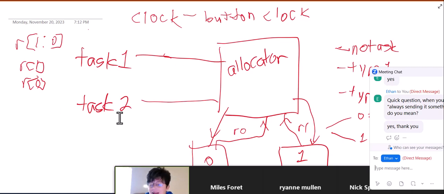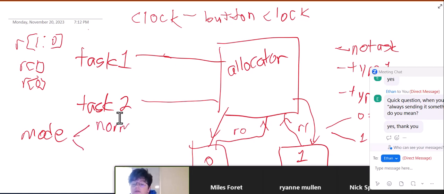Okay, so if you go back and look in your project, there are several different modes, so we need to put that in. For the default project, you only need to have 2 modes. You need to have your normal mode where it runs, and you need to have reset mode. So we need to have that.